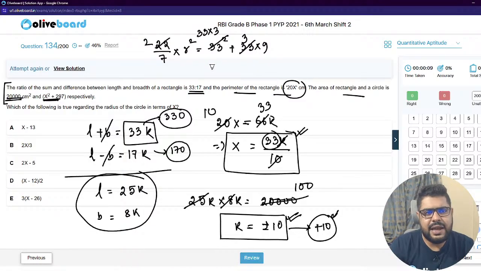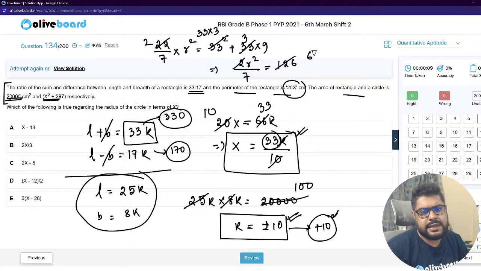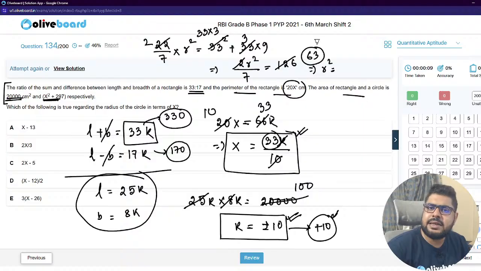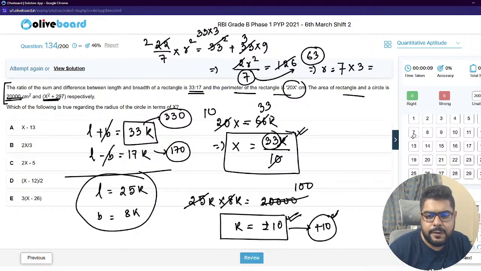Perfect. I'm not doing anything more. 2r square by 7 is 99 plus 27. So 126. If you do this, how much is coming, sir? 2 is 63, sir. r square, this is 63, means 9 into 7, and this 7 will go there. So both 7, I'll take 7 out, 9 means I'll take this out. So this is not r square, this is r directly. This is r, that is 21, sir.